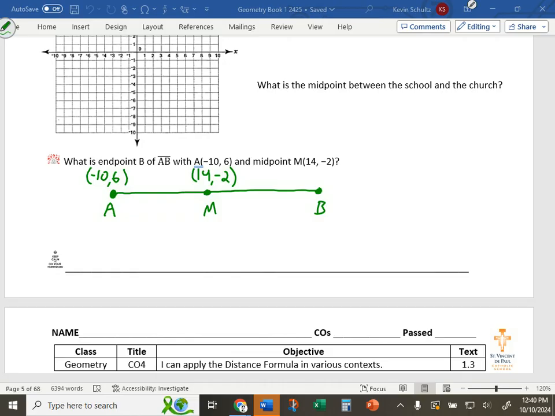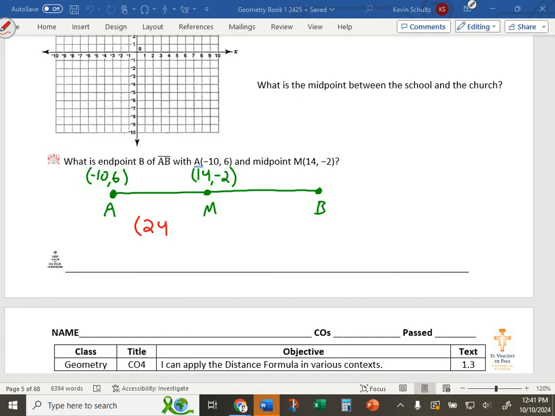Who's got a strategy that can help us determine the endpoint? Hugo, what do you see? You take the difference of the 14 and the -10, and then you multiply by 2 and add it to -10. Okay, so how far did we go to get from an x value of -10 to an x value of positive 14? 24.